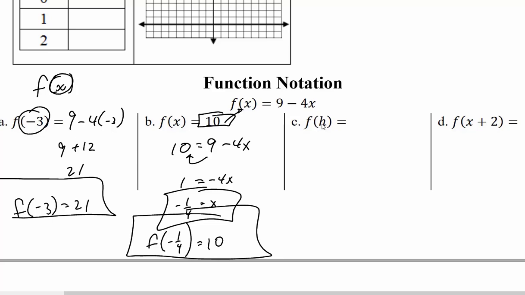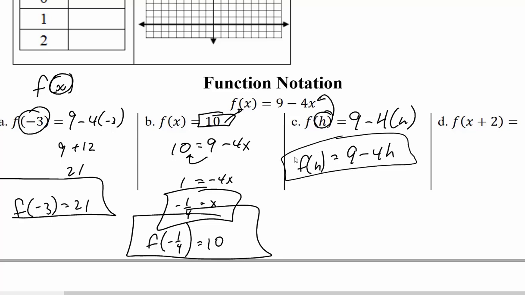The third one there is h. Instead of this being a number, it's a variable. I'm just going to plug that in where the variable is. So it's 9 minus 4 times h, or just 9 minus 4h. So that's what f of h is. Because f of h isn't an actual number, you don't know the value of it, it just has to stay that way. Now this x plus 2 is going to get plugged in wherever x is.